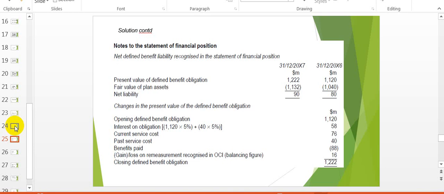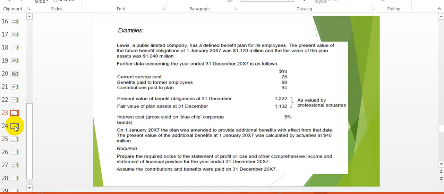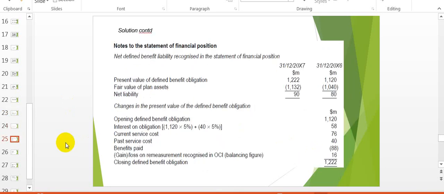We calculate the interest, which gives us 58. The 76 is the current service cost. The 40 is the past service cost.